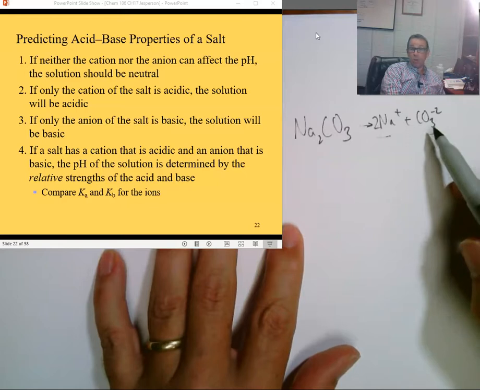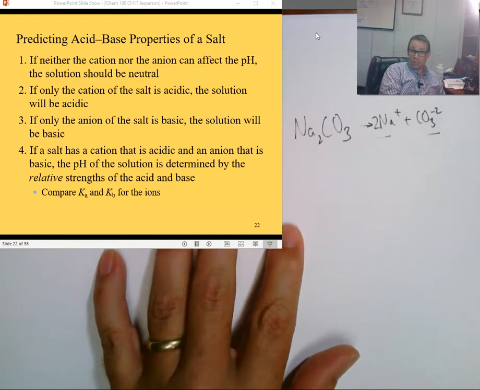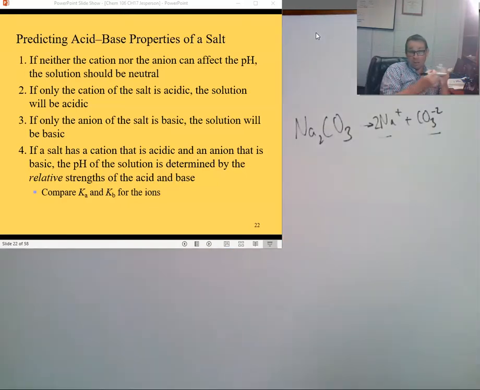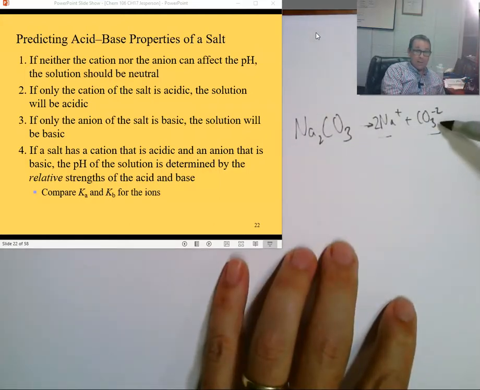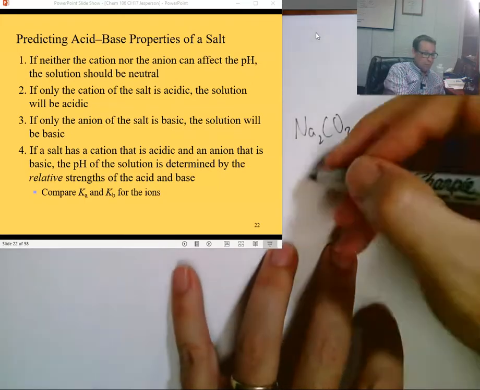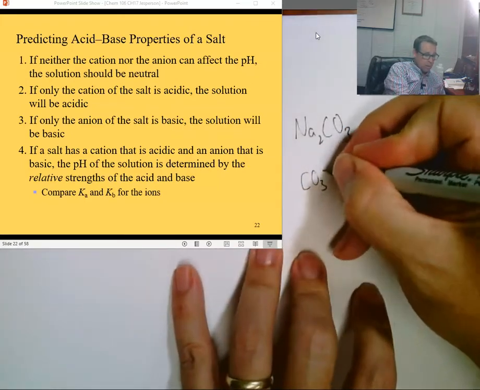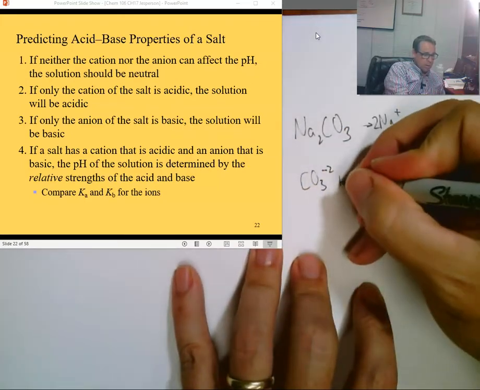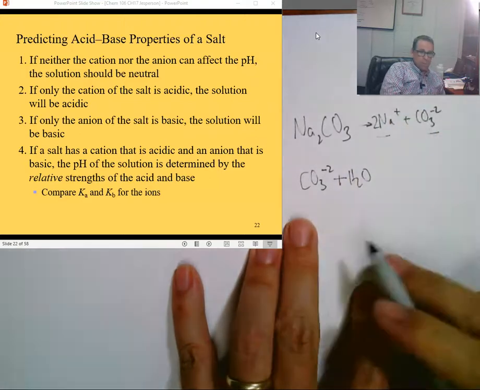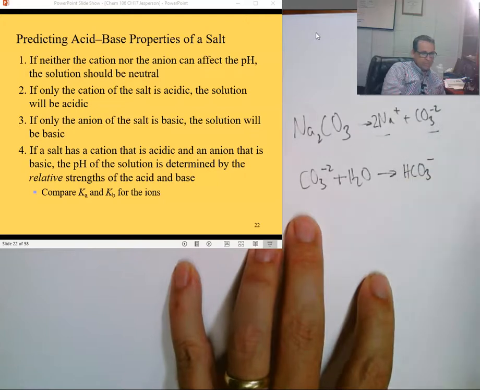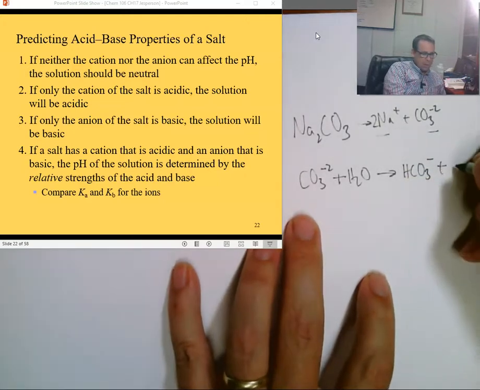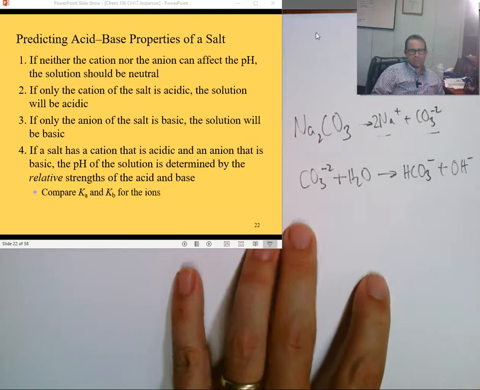Remember that? Strong acid, its conjugate base is not a good base, and that's why its acid is strong. But for this anion, its acid is weak. Therefore, that tells us that if it ever has the opportunity to interact with water and remove a proton, it will do that and form the bicarbonate ion and the hydroxide ion.